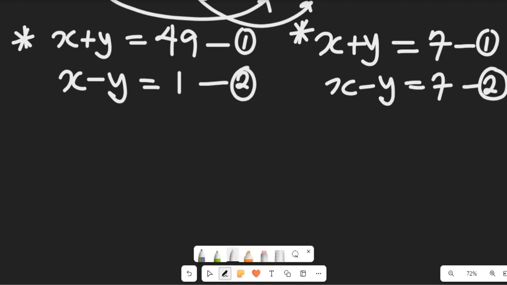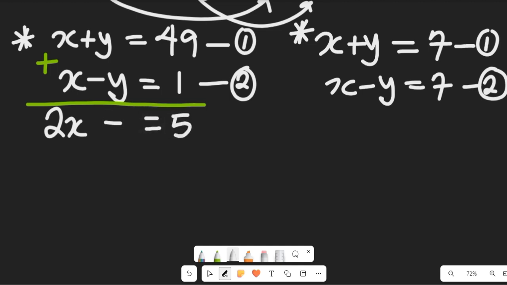Now, using the elimination method, if we add equation 1 and equation 2, the addition of equation 1 and 2 will give us x plus x, which is 2x, plus y plus minus y, which gives 0, and this will be equal to 49 plus 1, which gives us 50.